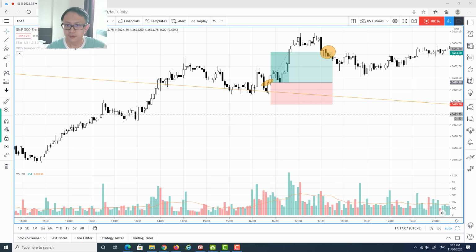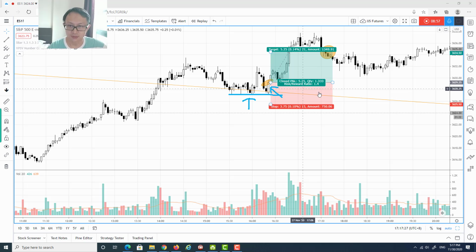Right there, I know that there's demand coming in, and it also formed a higher low without penetrating this immediate localized support. Right after that, I just wait for this bullish bar to act as a confirmation bar or a reversal bar to enter long.